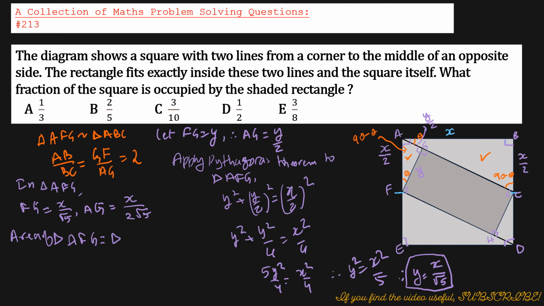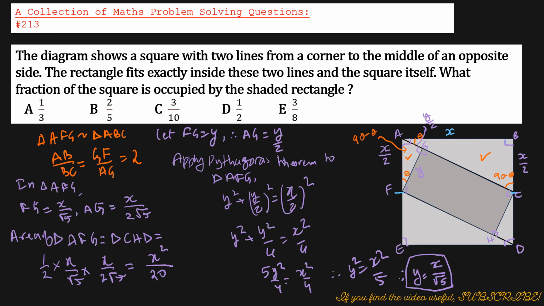This is area of triangle CHD, and that would be half times y out of 2, so half times, in this case, x out of root 5 times x out of 2 root 5, and that would be x square out of 2 times 2 is 4 times 5 is 20, x square out of 20.